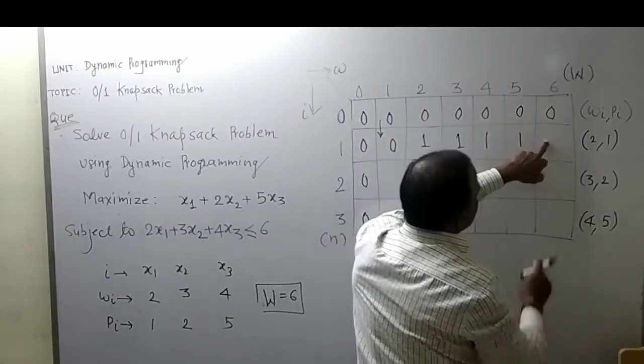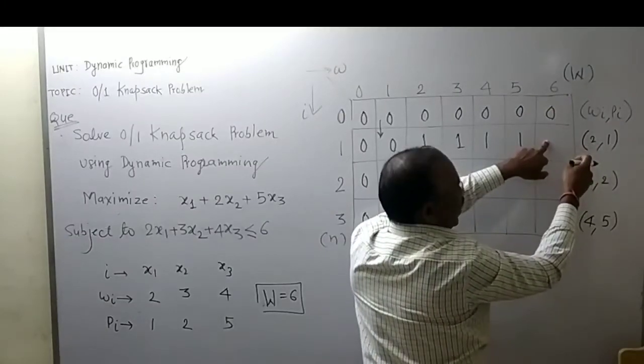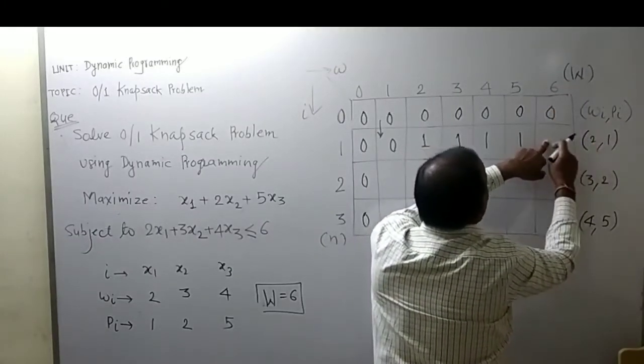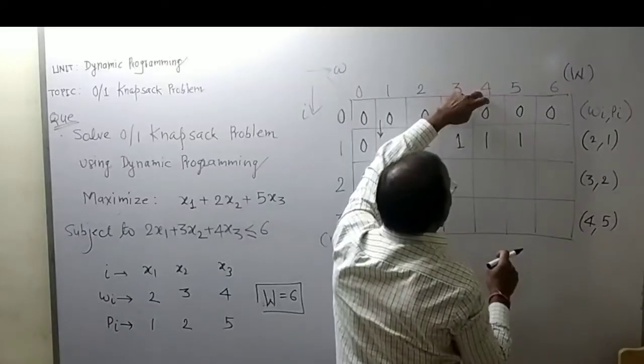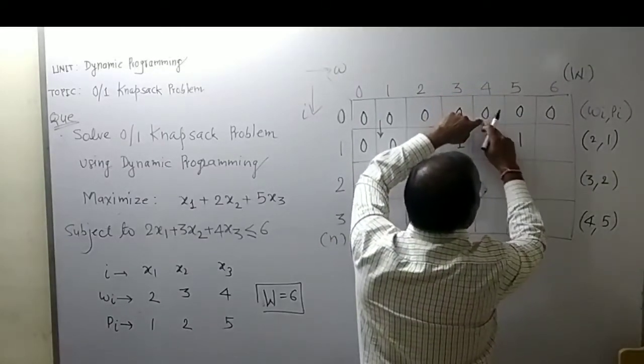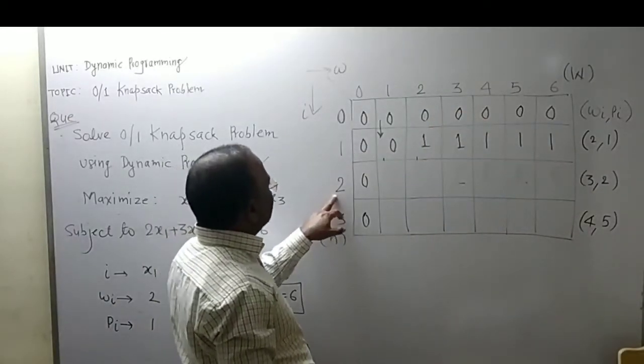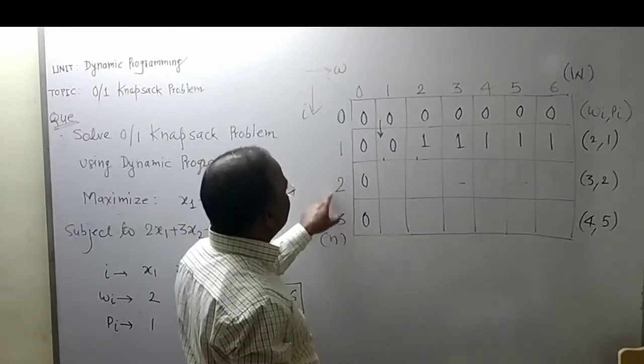Now here 6 is not less than 2, so we get another column using 6 minus 2, that is 4, and the value will be 0, add 1 to this 0, so you will get 1. Let us see the second row, meaning the second object.